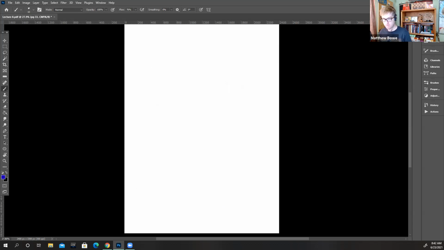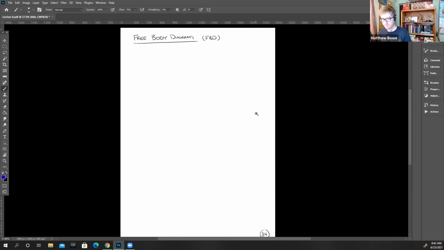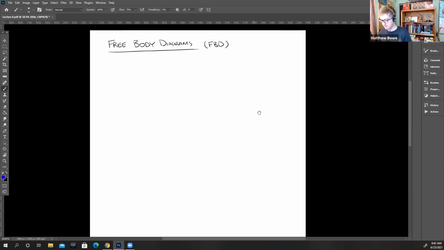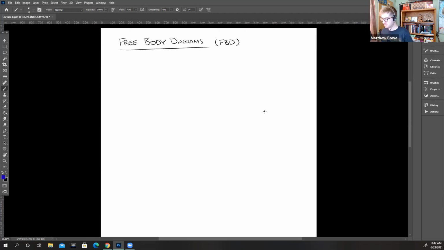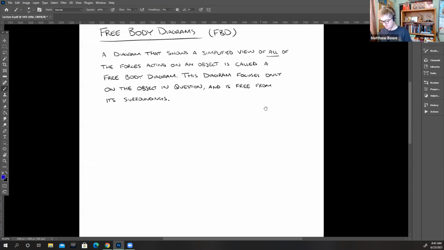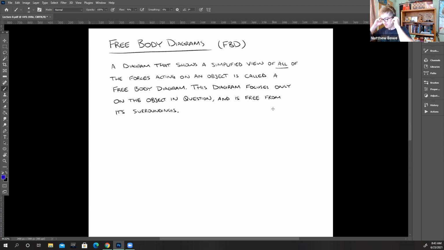So we have arrived at making a free body diagram. This is to solve the issue of, this picture is too cluttered, I don't know what's going on. So a free body diagram, let's put a little definition at the top.